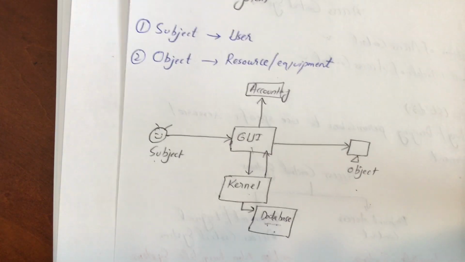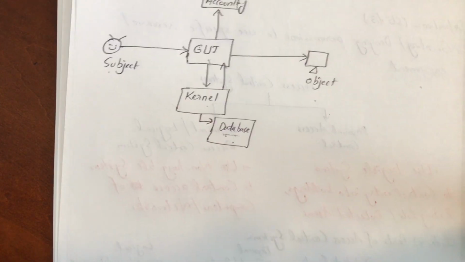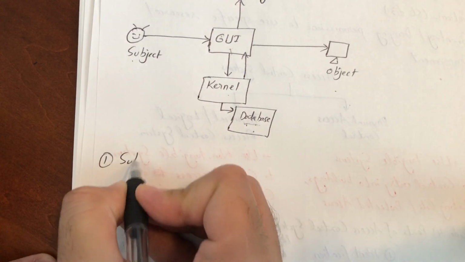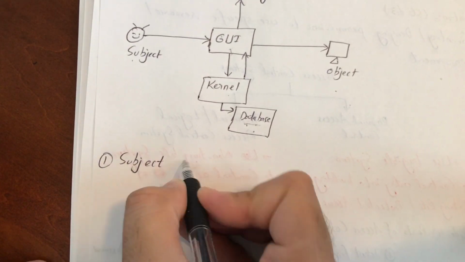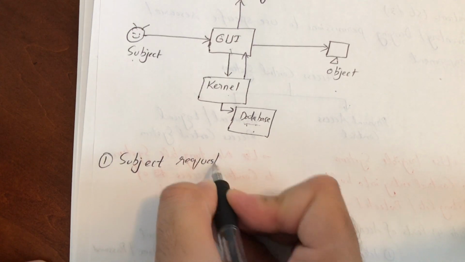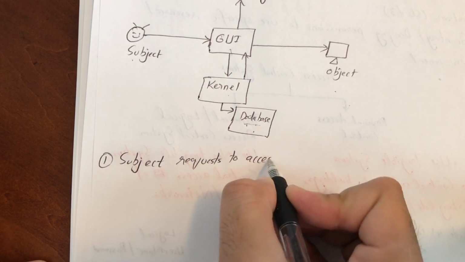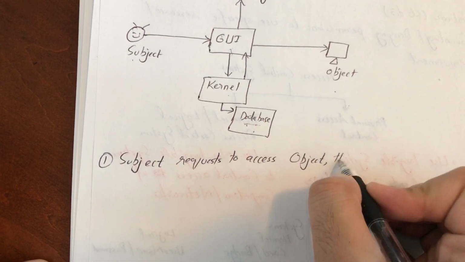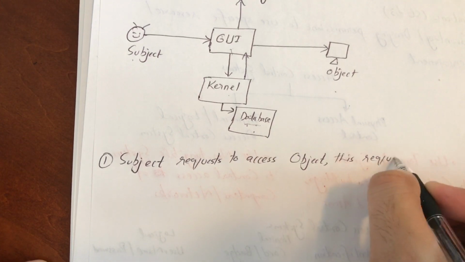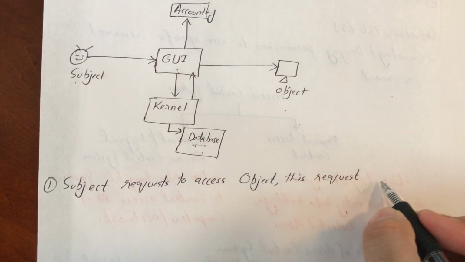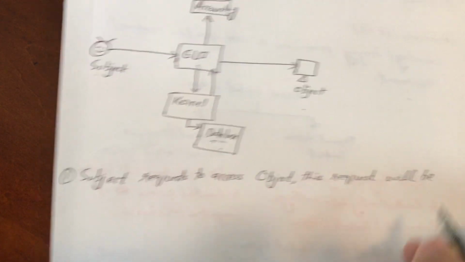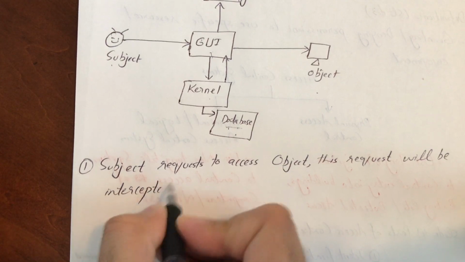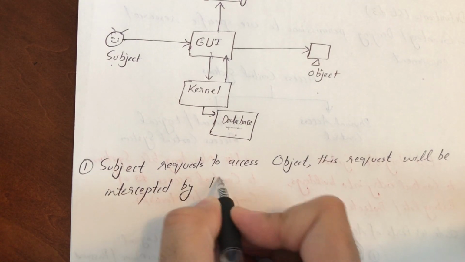So let me summarize it into a few steps that you need to know. Number one, the subject requests to access an object. Number two, this request will be intercepted by the security kernel.